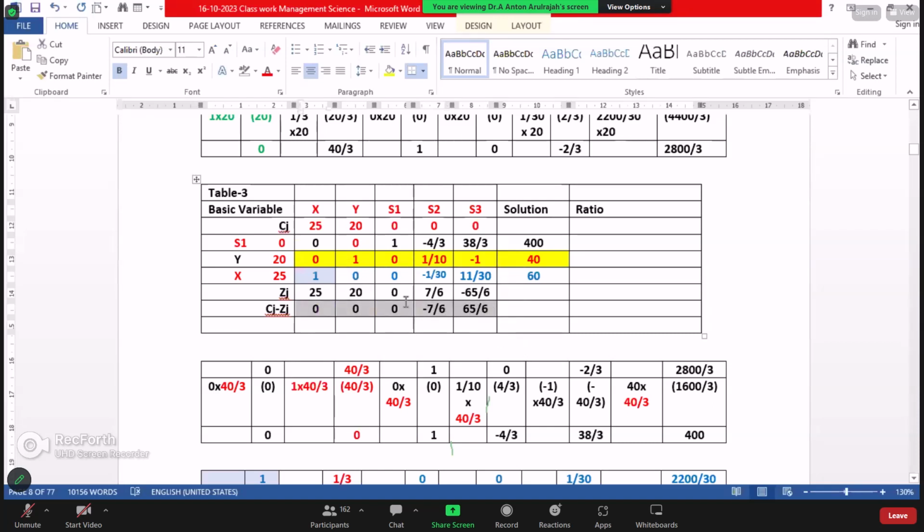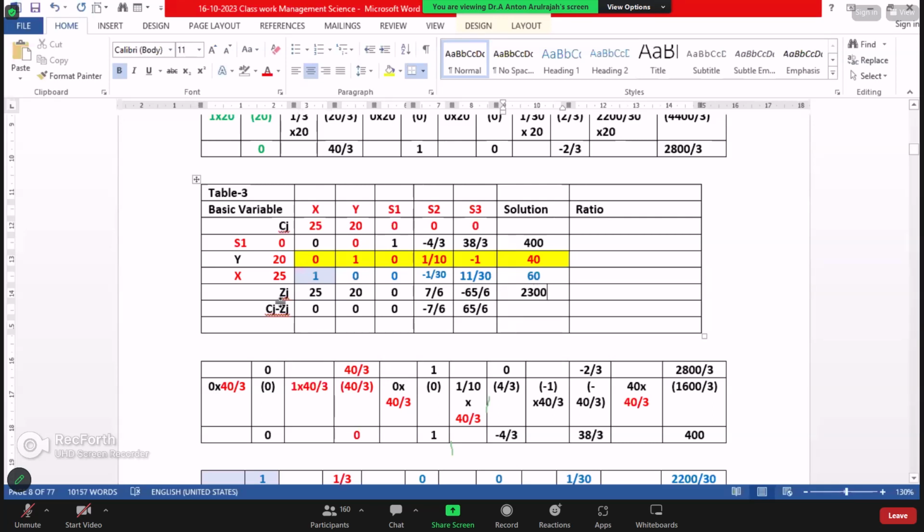Now what is the profit? 20 into 40 with 25 into 60, that is 2,300. Profit is 2,300. Okay.